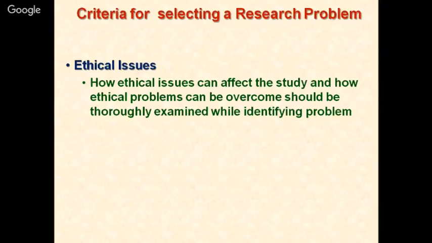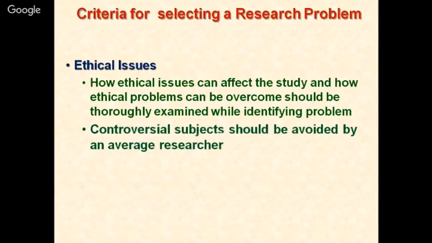You need to take permission from the medical board, because it is a problem of ethical issue. Controversial subjects should be avoided by the researcher. Management support is also needed, because you may have selected a topic for which you will not have any computational support or management support.